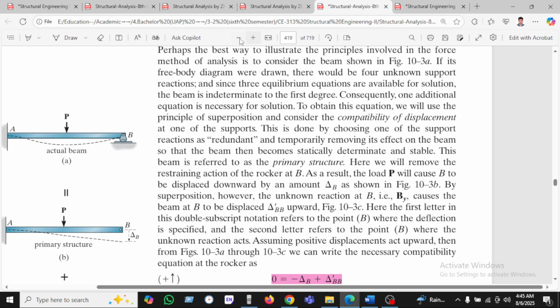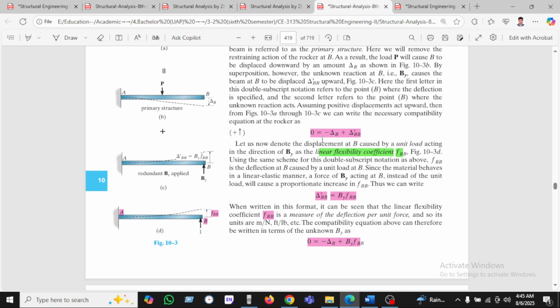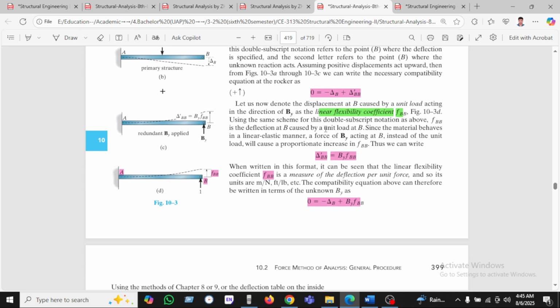Okay, so let's see. Here is the equation we have been seeing: theta equals deflection B minus deflection BB, where FBB is the linear flexibility. So deflection BB equals By into FBB. FBB is the linear flexibility coefficient given here, and By is the reaction.